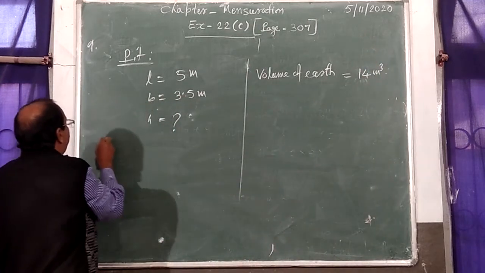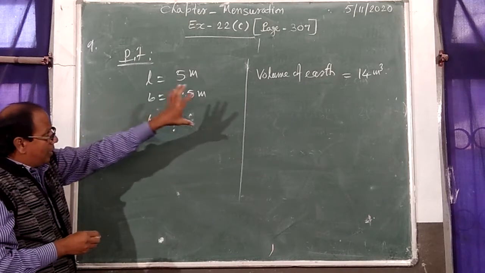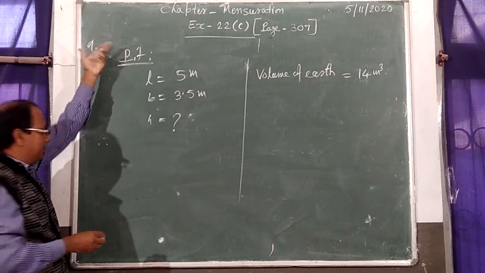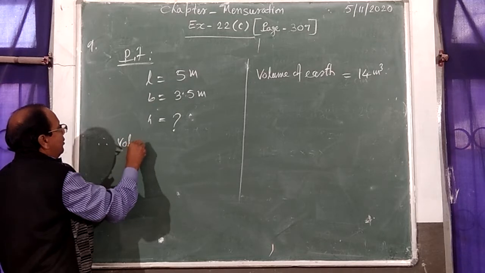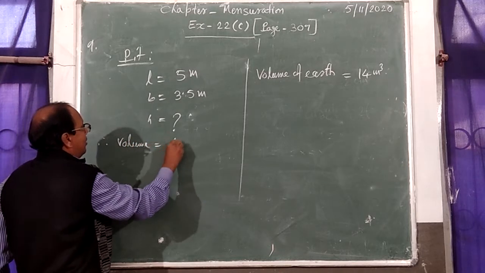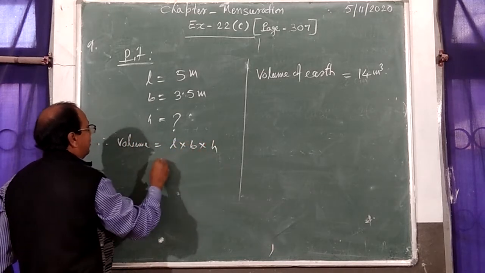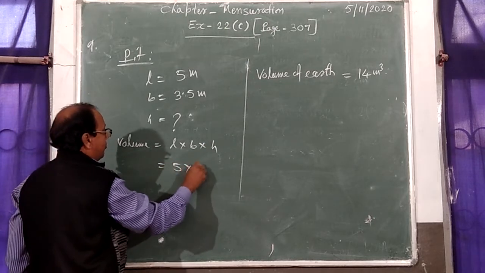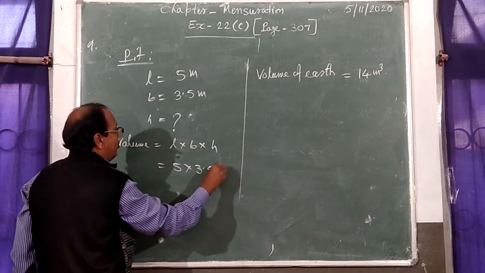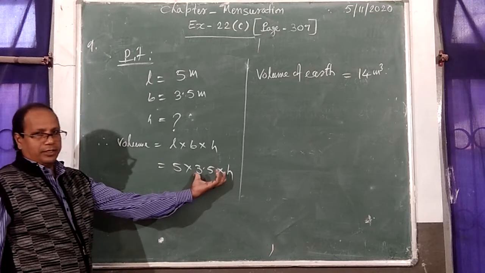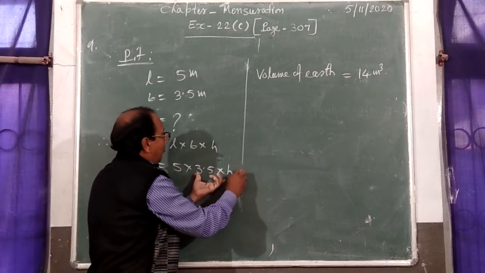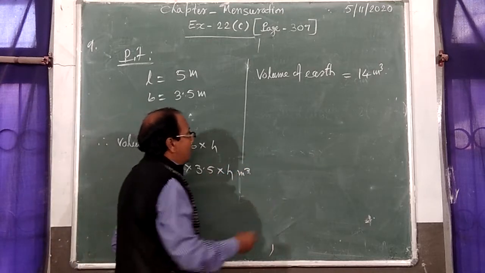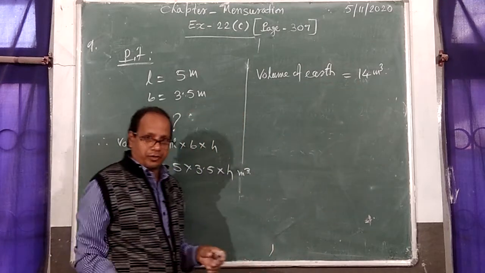Now we need to find out the volume of the earth, or the volume of the whole pit also you can say. So volume equals length into breadth into height equals 5 into 3.5 into h. Since h is unknown, we are writing it as h. It will be meter cube. And here volume of earth is 14 meter cube.